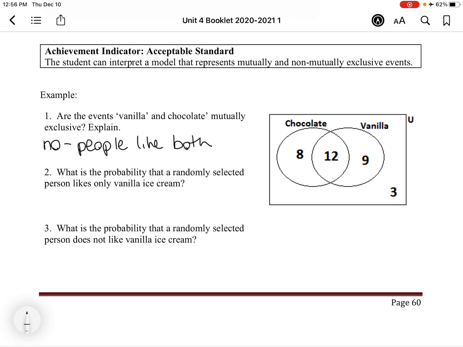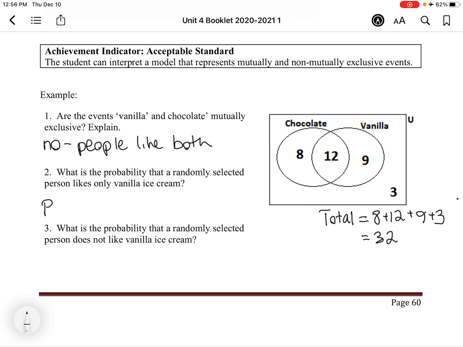Now, what is the probability that a randomly selected person likes only vanilla ice cream? Well, remember, probability is the number of favorable over total. We don't have the total yet, but we can get the total by adding up all the different regions of the Venn diagram. So the total here is going to be 8 plus 12 plus 9 plus 3. And that works out to be 8 plus 12 is 20, plus 9 is 29, plus 3 is 32.